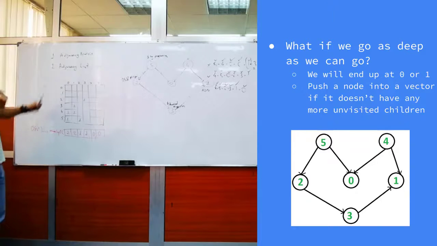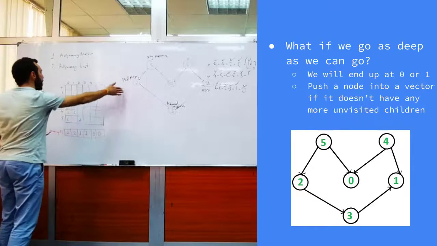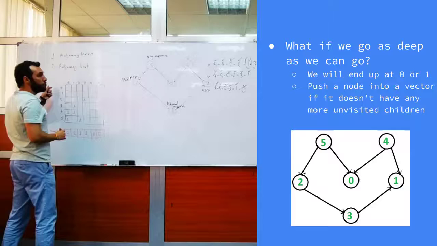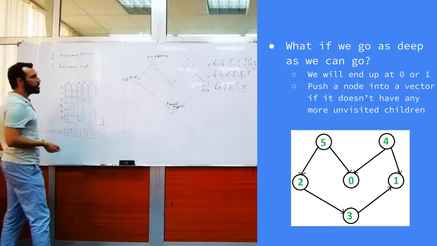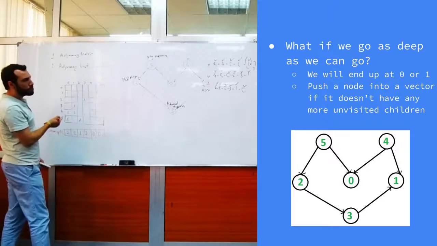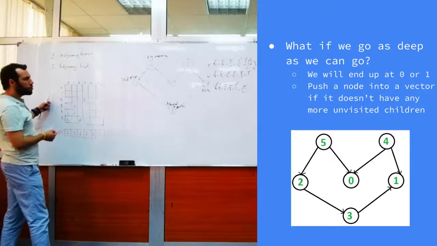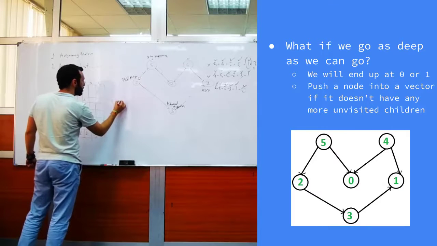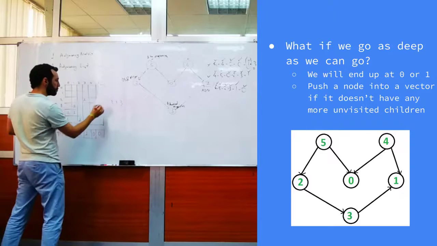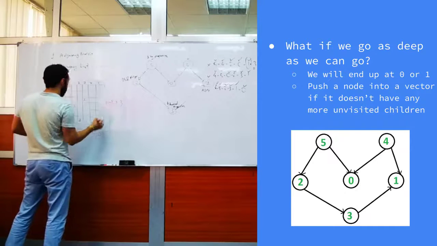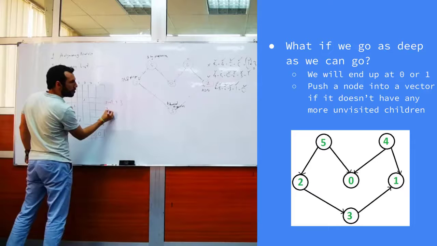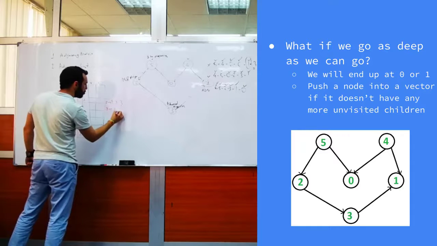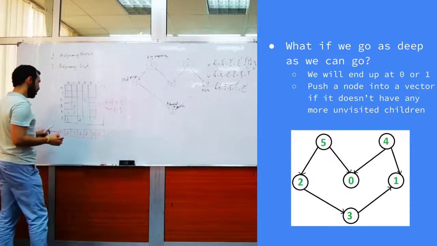So now let's take a look at the adjacency list approach. For the sake of simplicity, I'm just going to add the list here. For 0, we don't have any outgoing edges. For 1, it's the same. For 2, we have only one element in the list, which is 3. And for 3, we have only one outgoing edge, which is going to 1.